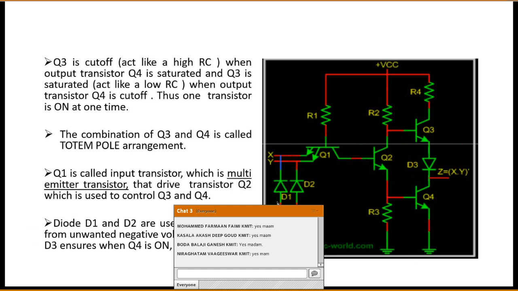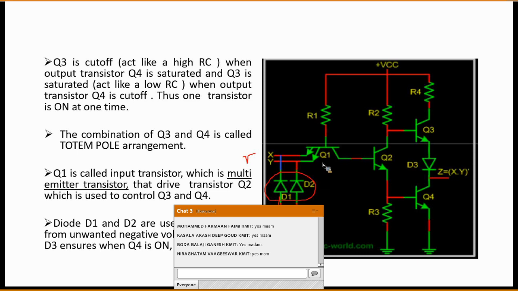See here, there are 2 diodes also, D1 and D2. The importance of these diodes is that if, by mistake or for any reason, the input has negative spikes at X and Y, then these diodes will be forward biased and conduct, and those negative spikes are grounded.